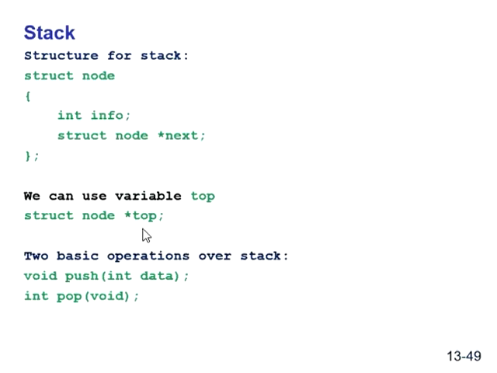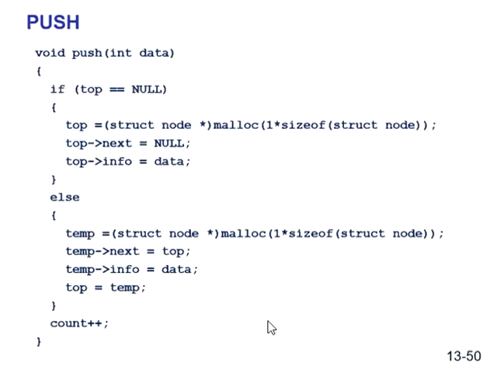Over here we have two functions for them. Push, of course, because you want to push data to the stack. So firstly you need to check whether top is null or not. And if you want to pop a value from the stack, we use this function. If it's null, then we have an empty stack, so we have nothing to pop out.